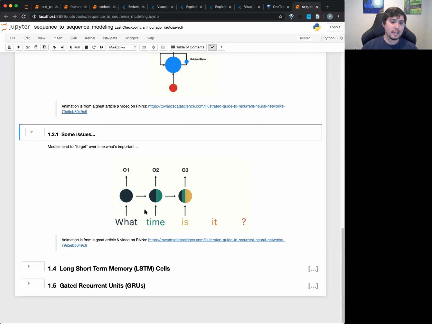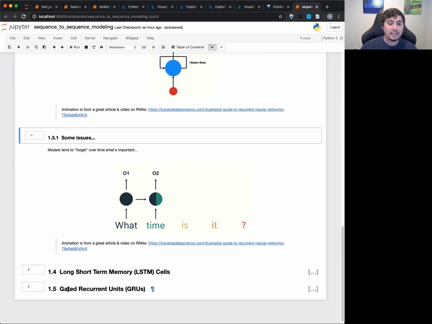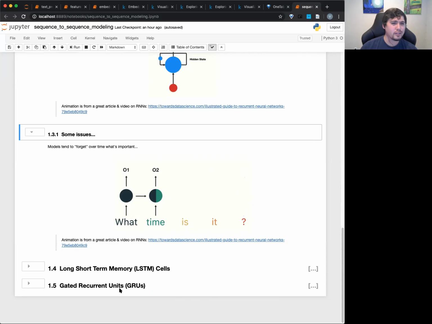There are some ways we can fix this, and the classic ones are long short-term memory cells, or LSTM cells, and gated recurrent units, GRUs. I usually hear it as GRUs. Instead of just passing the hidden state, which could literally be the prediction, in these LSTMs and GRUs you specify what you're going to remember.